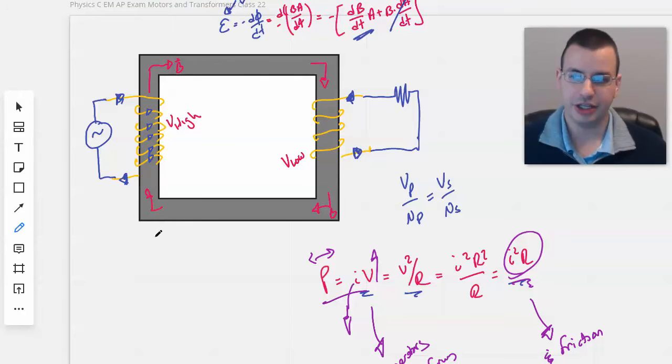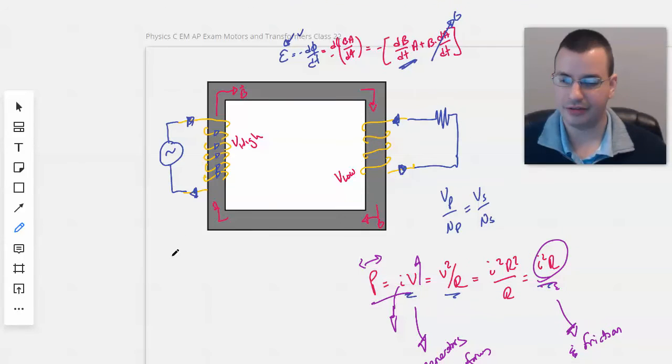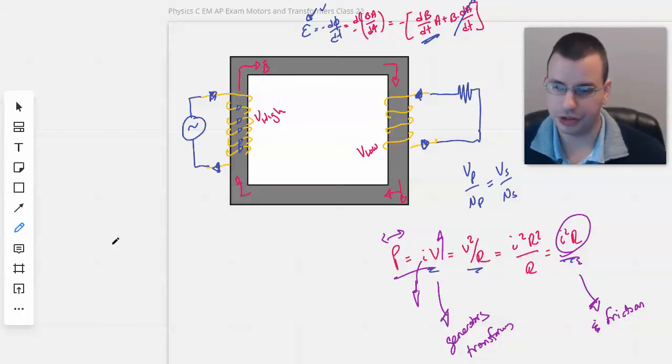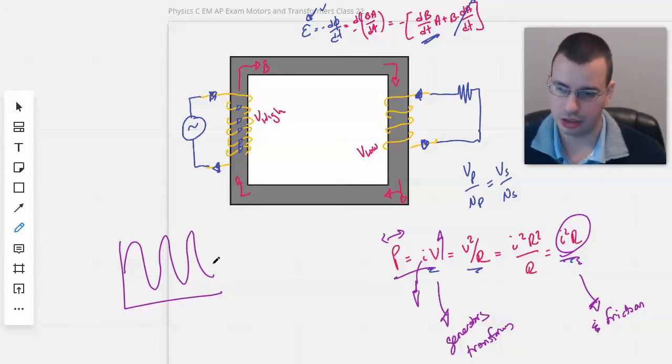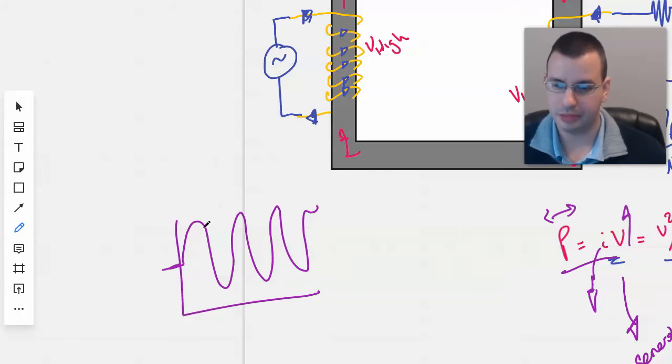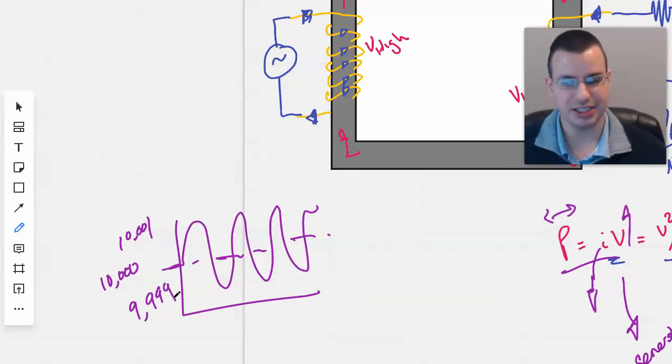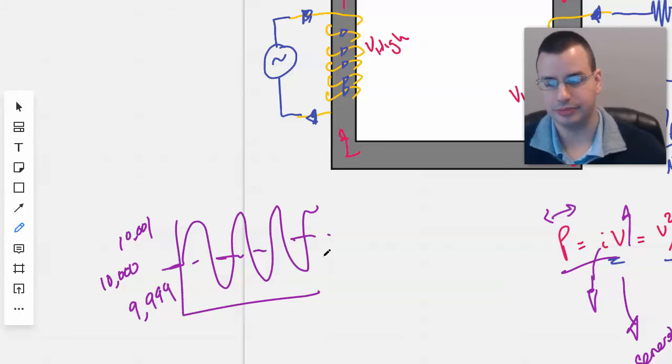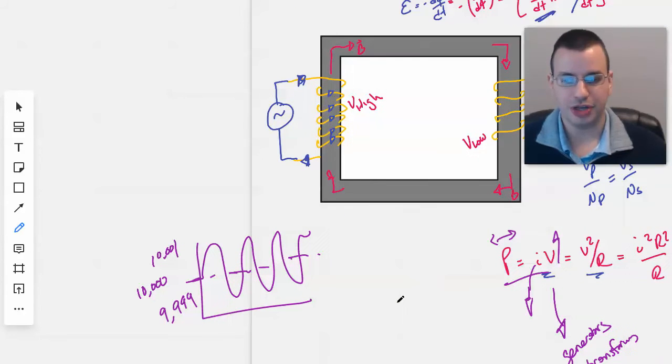The idea is, if you have a voltage on the left that looks something like this, where right in the middle it's like 10,000 volts, and it goes up to 10,001 and down to 9,999, you have this massive DC current going through here. Well, when it goes to the transformer, that DC is filtered out.